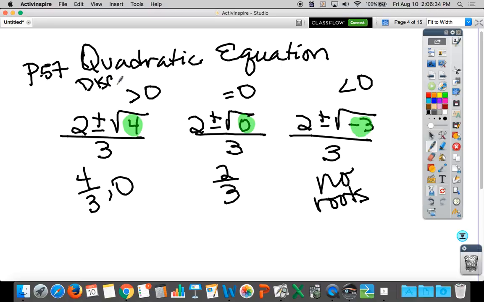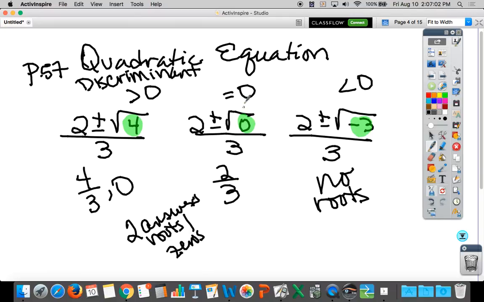Look on page 57. Okay? So I could have taken you through all that. It probably would have meant a whole lot less to you than going through this exercise. So when my discriminant is greater than 0, how many answers do I have? 2 answers, or 2 roots, or 2 zeros.